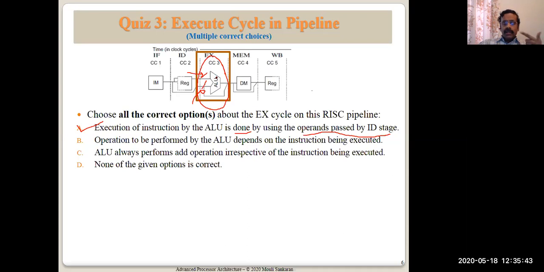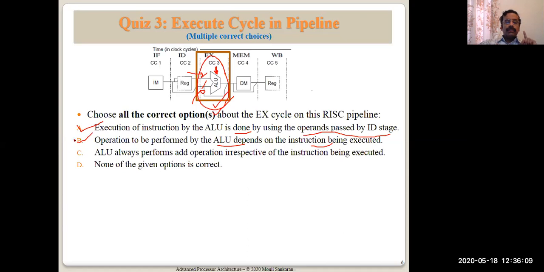Whether addition, subtraction, logical OR or AND operation depends on what operation was supposed to be done for this particular instruction. Whether it is executing an add instruction or a subtract instruction, based on that, that operation is done. So it is a correct statement.